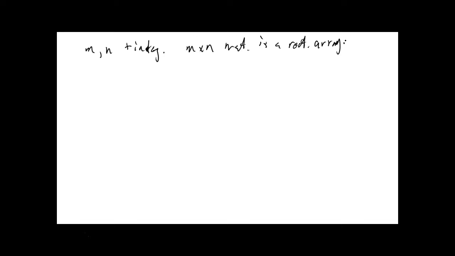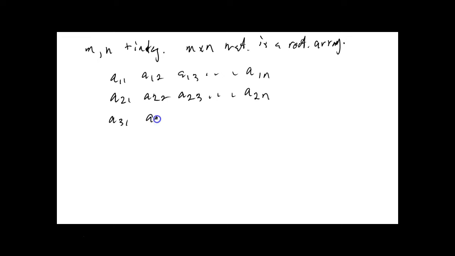Okay? And here's how you write it. A11, A12, A13, dot, dot, dot, A1N. Okay? A21, A22, A23, A2N. A31, A32, A33, A3N.